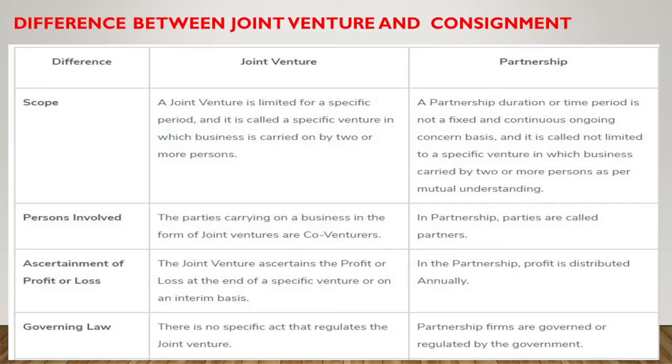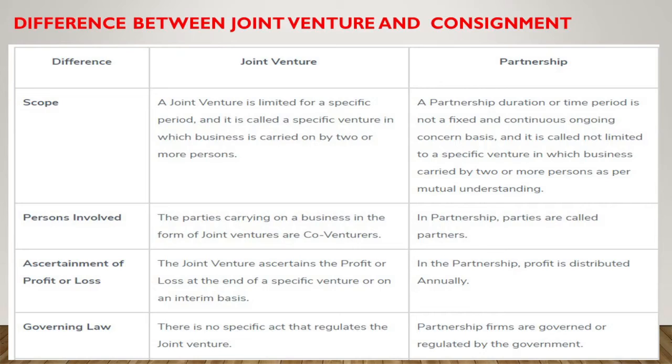So a joint venture is limited to a specific period; partnership is not limited to any specific period. A joint venture is limited to a specific venture; partnership is not limited to any specific venture. It can continue. A joint venture is run by two or more persons. Partnership is also run by two or more persons, but there are restrictions on members: banking 10 members, other businesses 20.